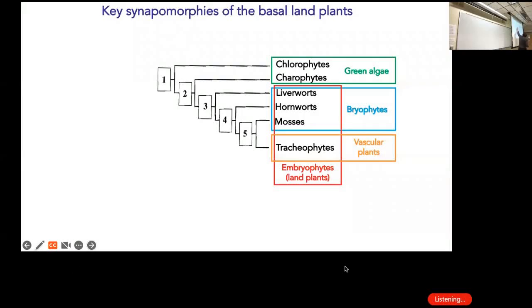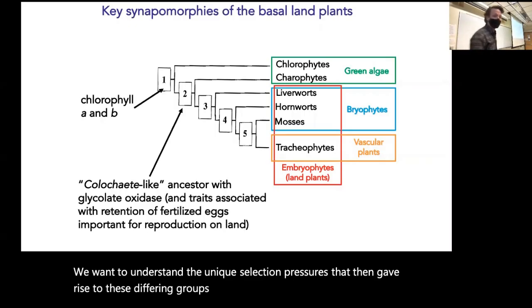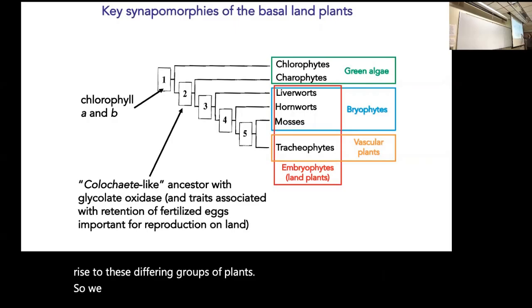We want to understand the unique selection pressures that gave rise to these differing groups of plants. So we talked last time, within the charophytes, we find some extant plants that share the common ancestor with the embryophytes.